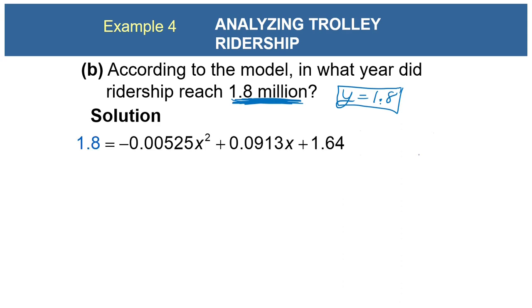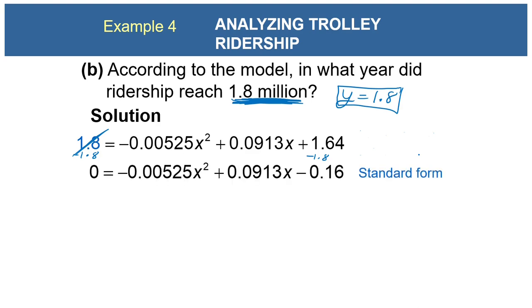We have 1.8 equals negative 0.00525x squared plus 0.0913x plus 1.64. Now this looks like a difficult problem, but we can always use the quadratic formula. And in order to do that, I'll have to set it equal to 0 first. So let's subtract 1.8 from both sides. And now our equation should be equal to 0.